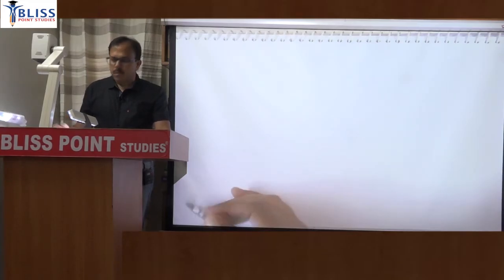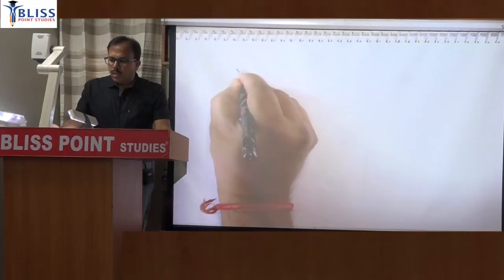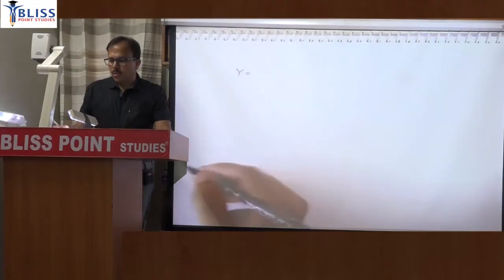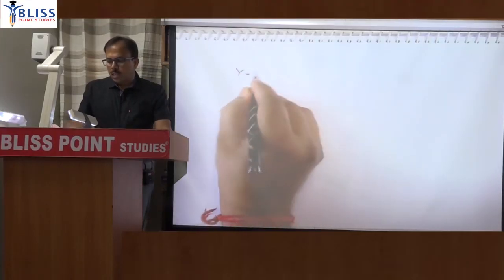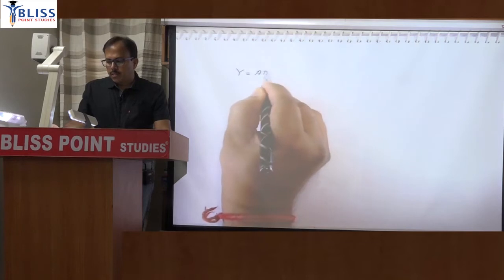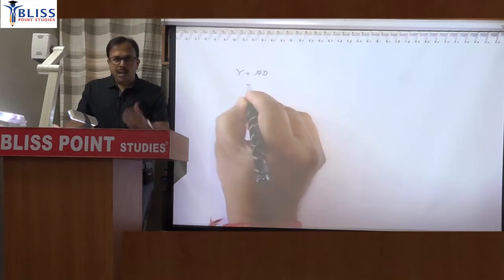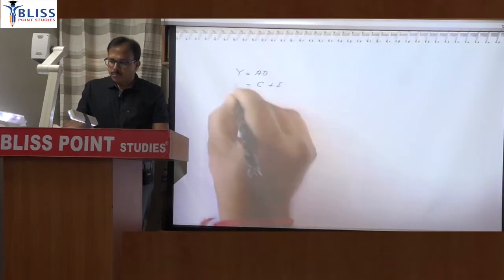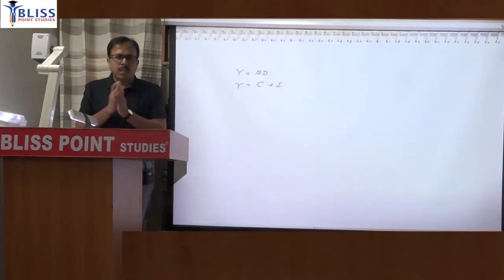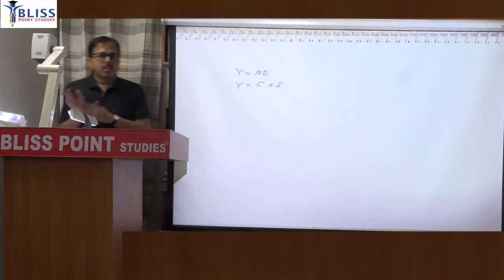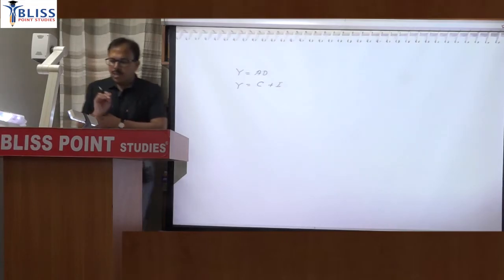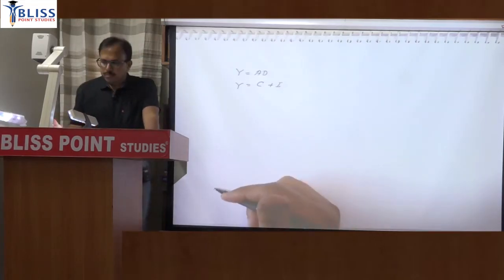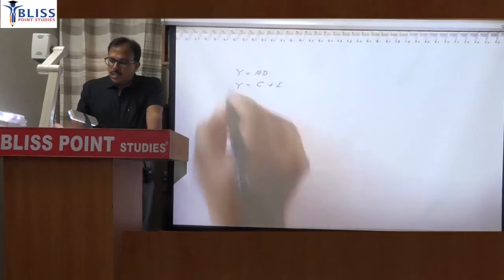So you can now relate it from the macro section that y is also equal to AD, and aggregate demand has various components like consumption and investment. If you restrict by ignoring government and the external sector, then we can say that y is equal to C plus I.